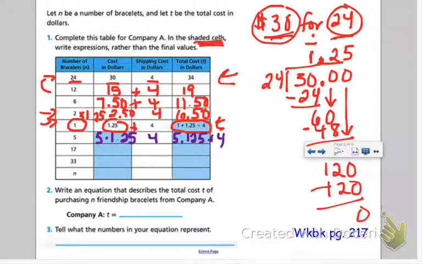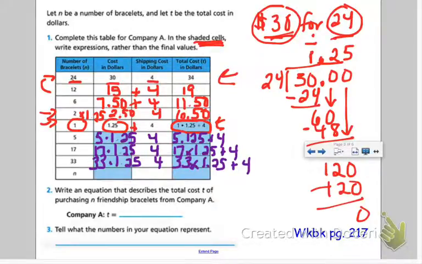If I'm talking about buying 17 bracelets, I'd have to do 17 times $1.25 and $4 for shipping, so now it would become 17 times $1.25 plus 4. 33 bracelets, well, I would have to do 33 times $1.25 for each bracelet. Shipping is $4, so it's 33 times $1.25 for each bracelet plus the $4 for shipping.